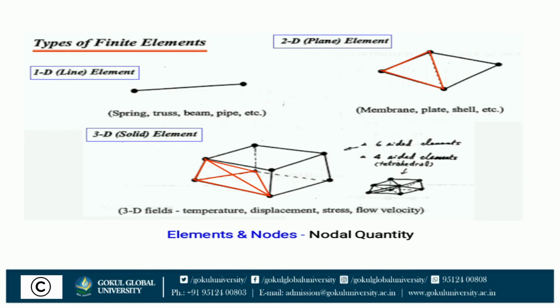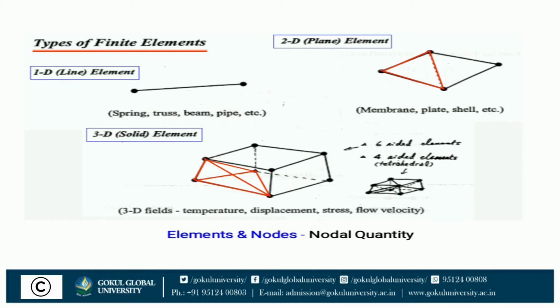After dividing into elements and nodes, take an example like an IC engine and connecting rod. The one-dimensional elements are spring, truss, beam, pipes, etc. An element may have two nodes, or more, three or more.